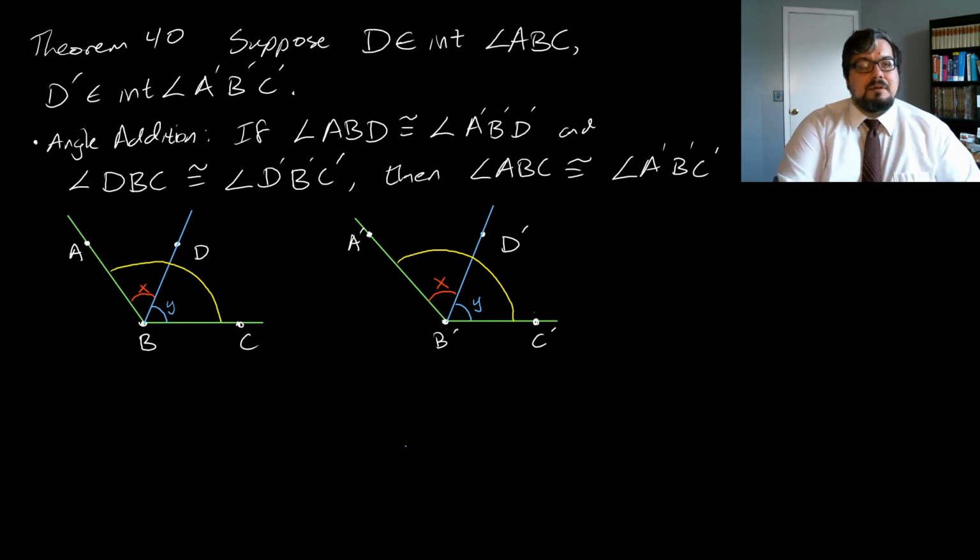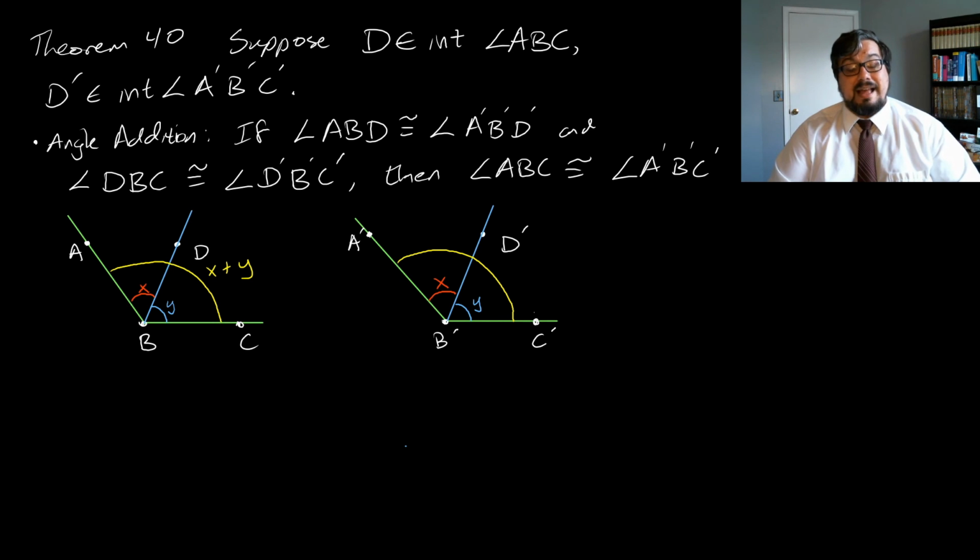Now, by axiom M4, the angle addition postulate, since D belongs to the interior of ABC, the measure of angle ABC is equal to the sum of the measures inside. So the yellow angle is x plus y on the left.